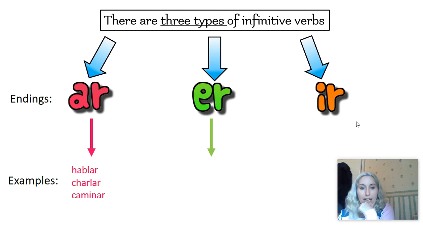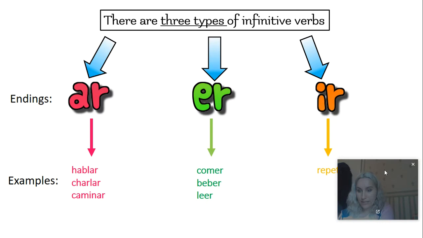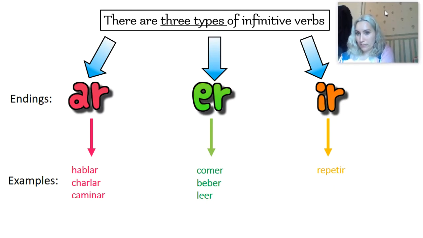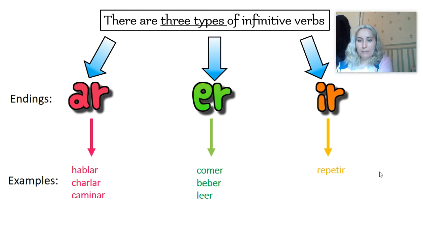You have got ER verbs, comer, to eat, beber, to drink, leer, to read. And IR verbs, you have got repetir, to repeat, vivir, to live, and salir, to go out.